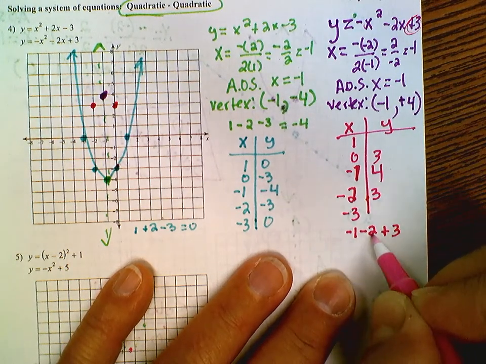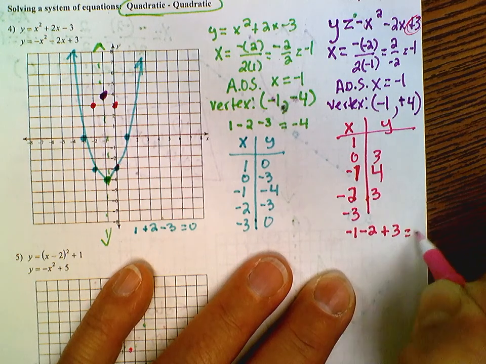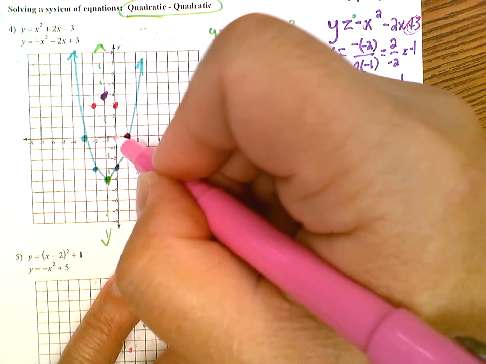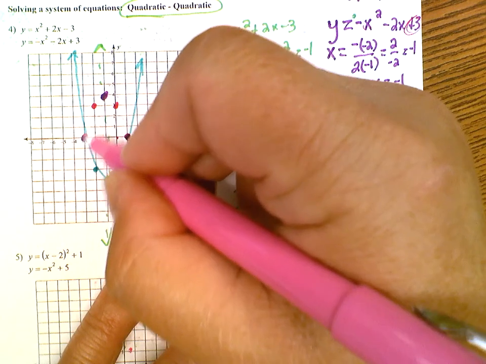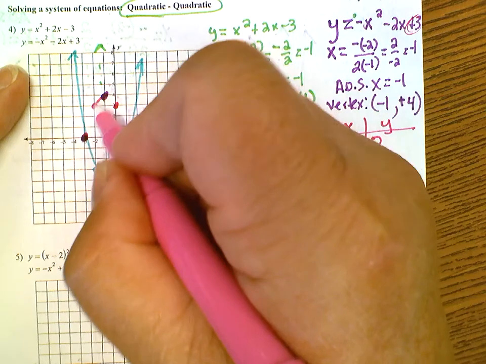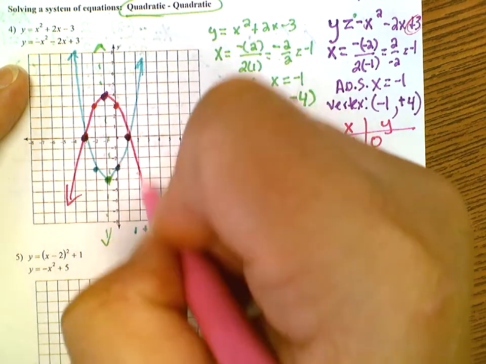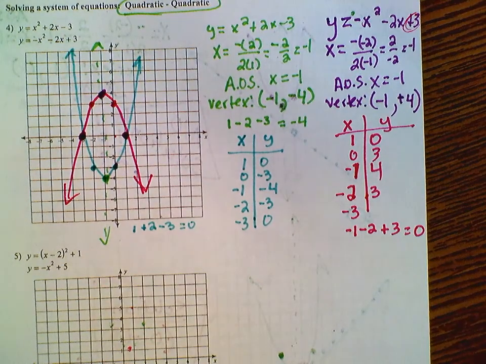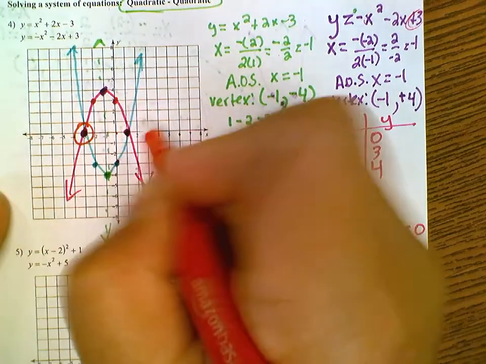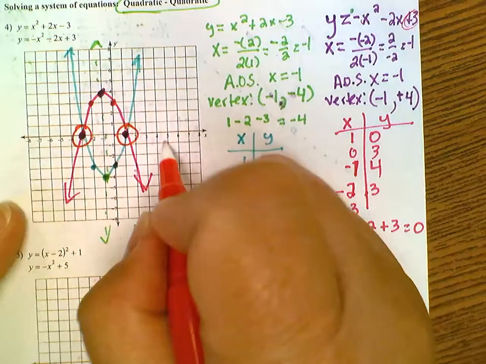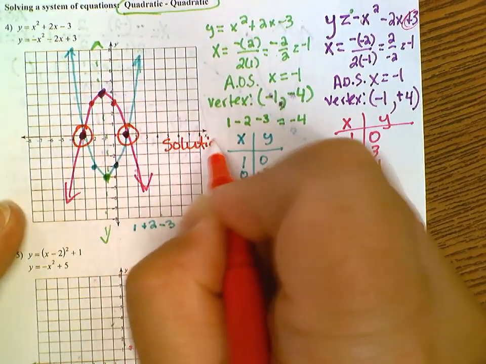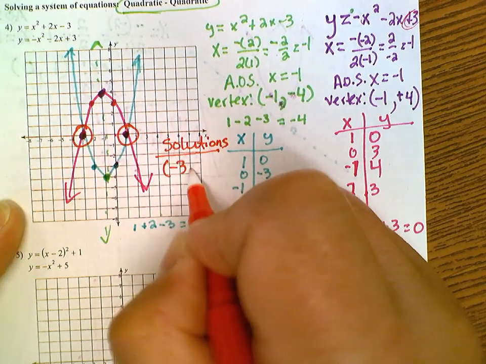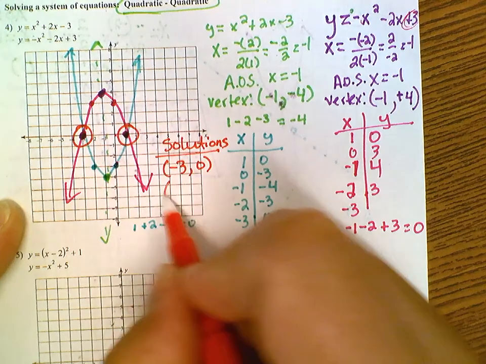So that's negative 1 plus negative 2 is negative 3, plus 3 is 0. So I have 1, 0, and then I use my axis of symmetry to plot my other point, and I should be finished because I have found 2 intersections. All right, so my solutions are negative 3, 0 and 1, 0.